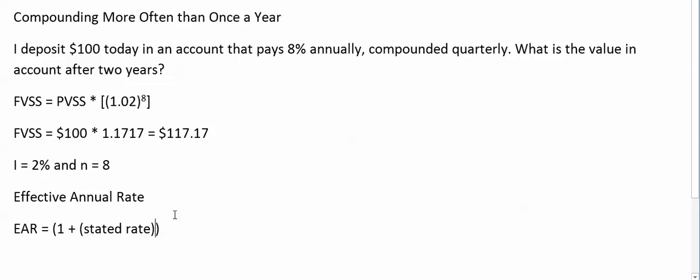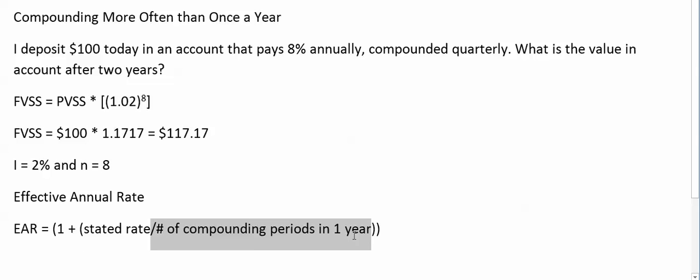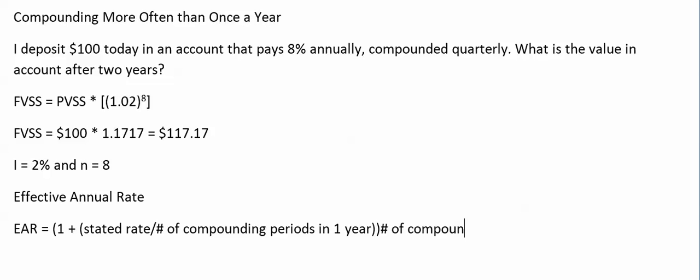But you take this stated rate and you divide it by the number of compounding periods in 1 year. So stated rate divided by the number of compounding periods in 1 year, add that answer to 1, and then raise that answer to the number of compounding periods in 1 year.